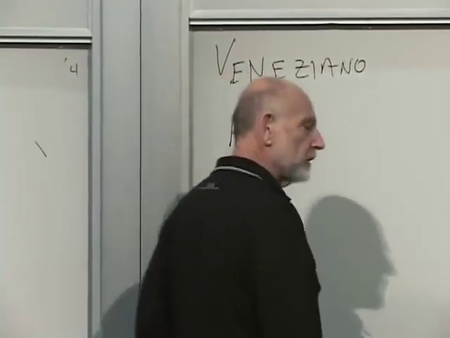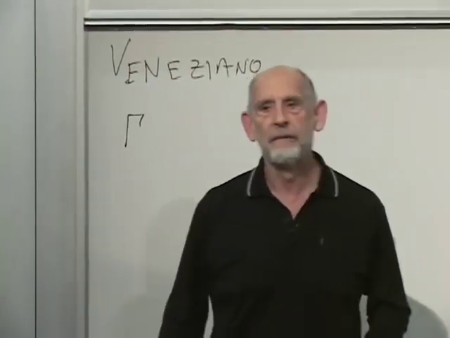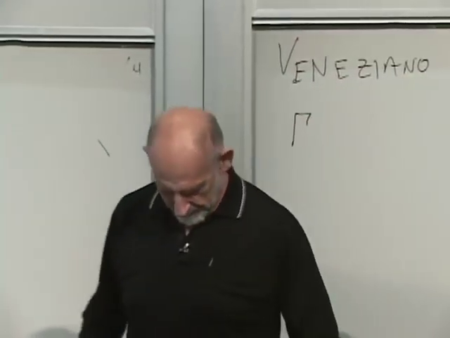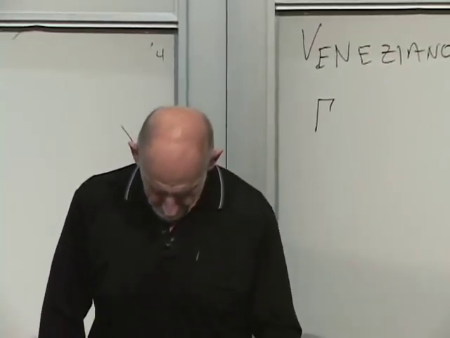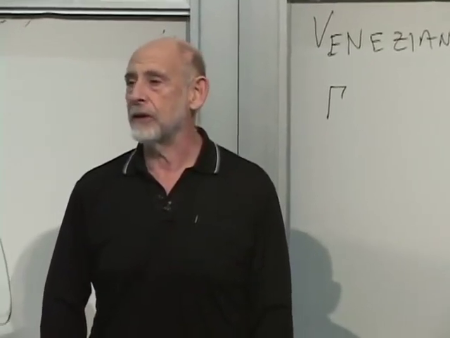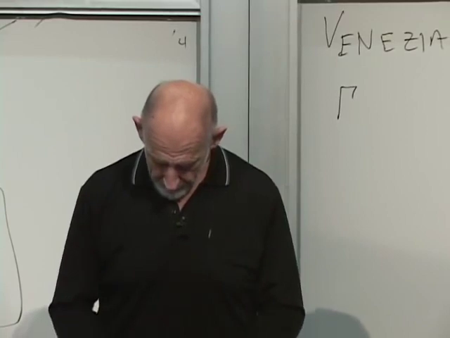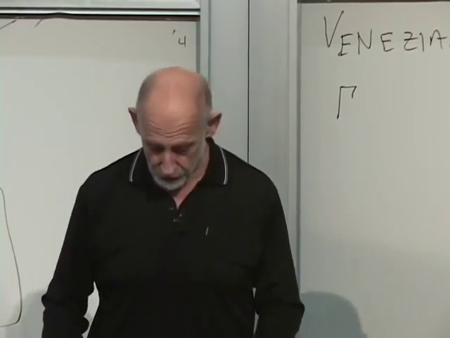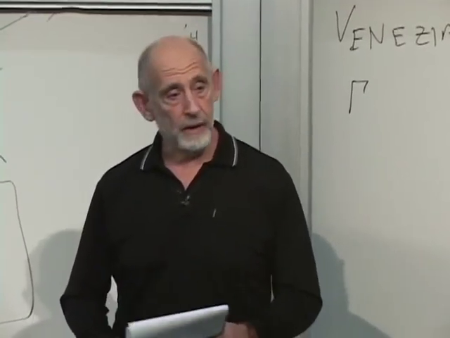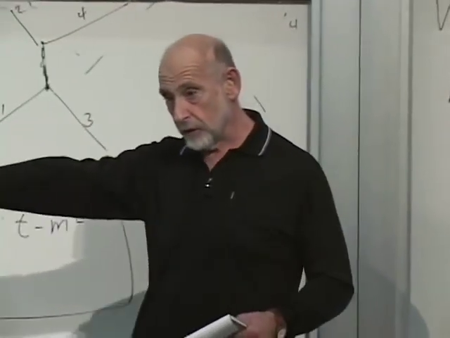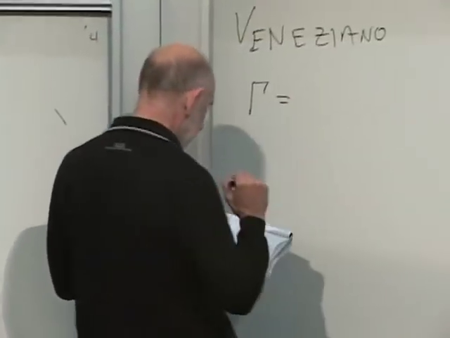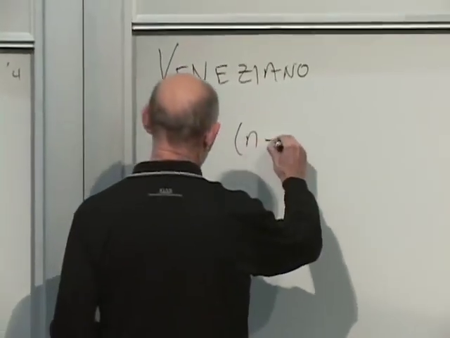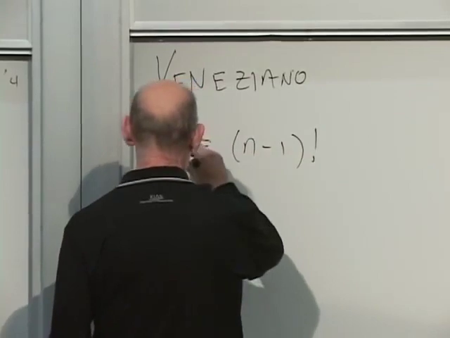Everybody know what the gamma function is? Well, you don't need to know it, but I'm just going to write down the formula for fun. The gamma function is a generalization of the factorial function. But the factorial function is only defined for integers. The gamma function is interpolated between integers. The gamma function for the integers is equal to n minus 1 factorial, gamma of n.